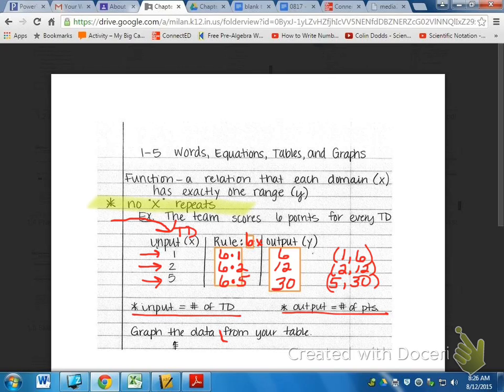The input and output are paired together as an ordered pair or an XY. And that is how you get the points so that you can graph these. You pair up the X and the Y from each row, and those are your ordered pairs.